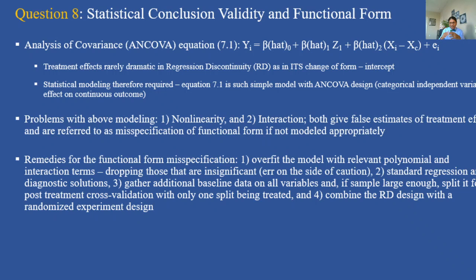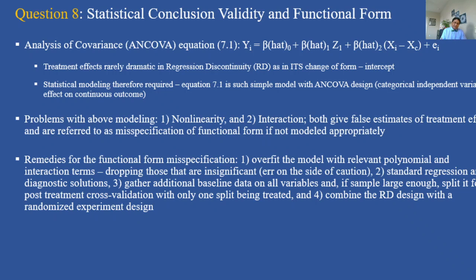Such interactions will of course give a biased effect estimation, assigning it to treatment wrongfully if interaction is not detected. Hence, it is important to add and then omit interaction terms to diagnose any interaction confounding which will affect the statistical conclusion validity. So you add in interactions and remove the ones which are not significant.